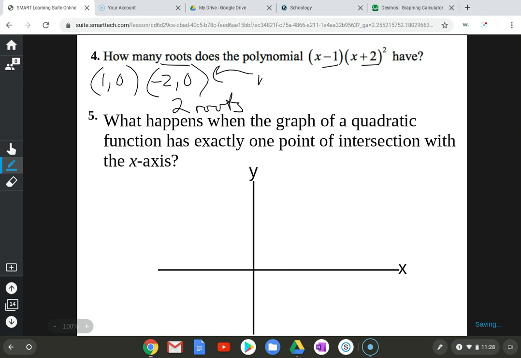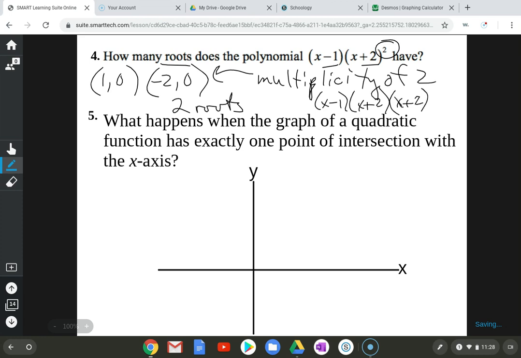So one of them has what's called a multiplicity of 2, because this factor is repeated. When you have x minus 1 times x plus 2 times x plus 2. Even though it's the same root, so technically we only have 2 roots, this one's repeated. So we say that it has a multiplicity of 2 because it's repeated twice.